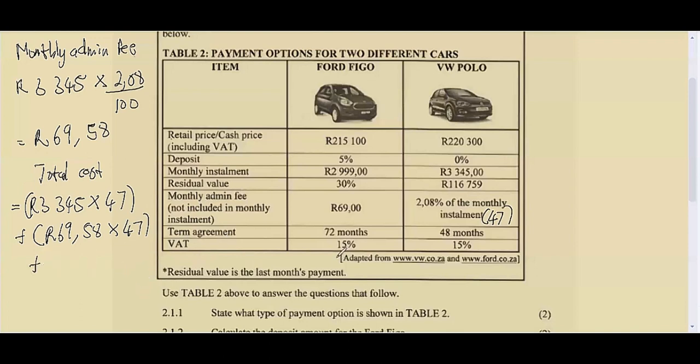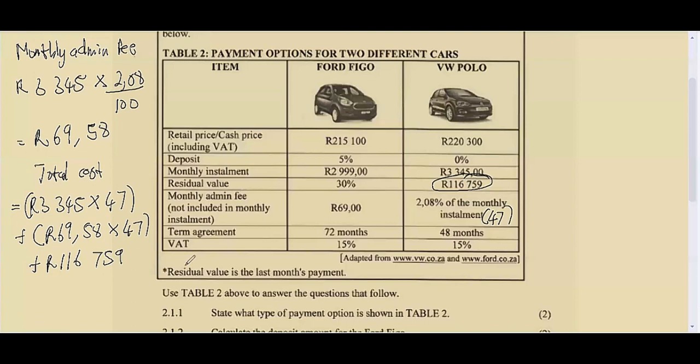Right. And then the last month, which is the 48th month, there she has to pay the residual value. Right. So in the last month, she pays 116,759. So this is when she actually completes paying off the car.